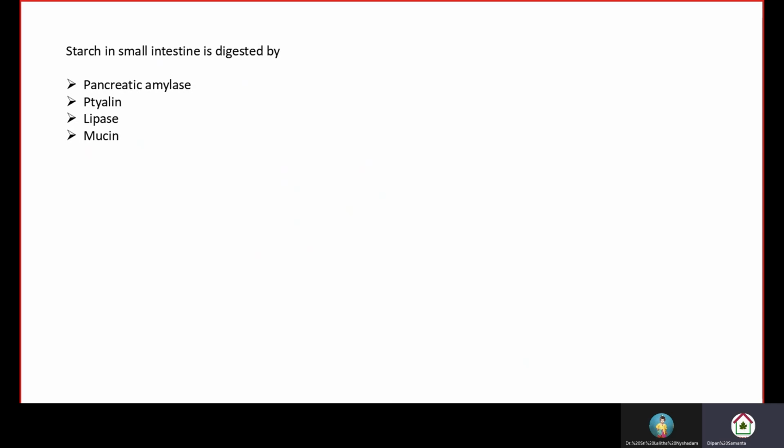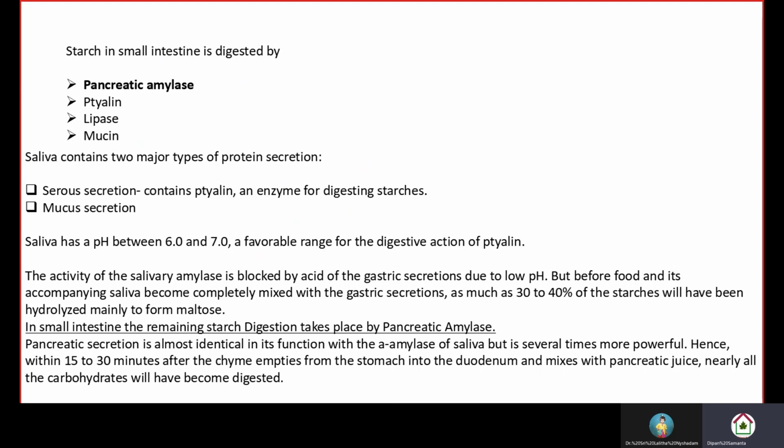So the answer will be pancreatic amylase. We will go into details.